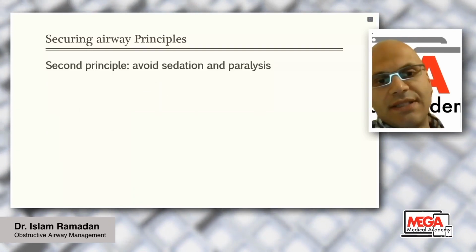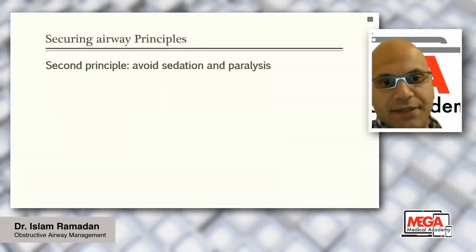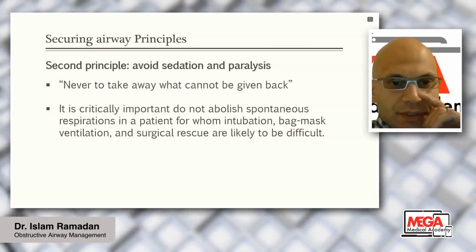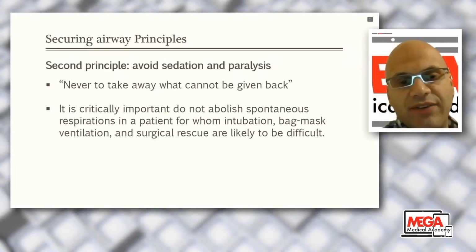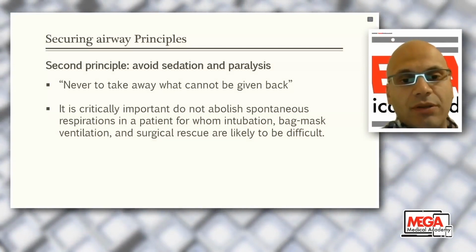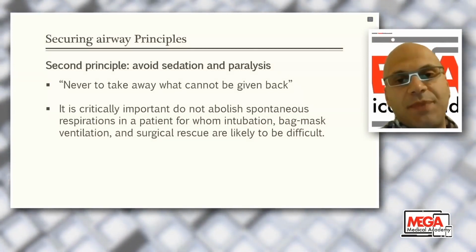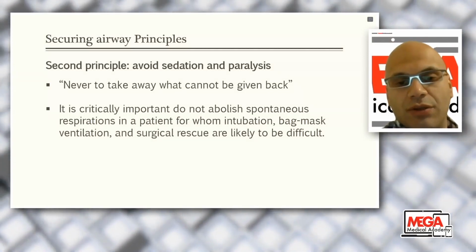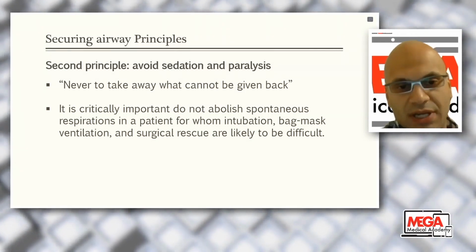The second principle is to avoid sedation and paralysis. Never take away what cannot be given back. It's critically important to keep the spontaneous breathing of the patient, not abolish it, especially if you suspect difficult intubation, difficult bag mask ventilation, or the need for surgical rescue.